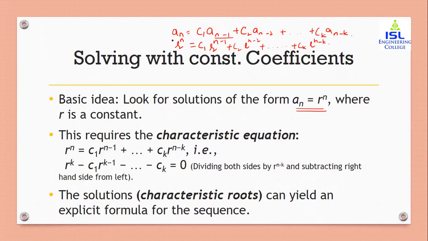Each and every time we are replacing the a term with the r term in terms of exponents.